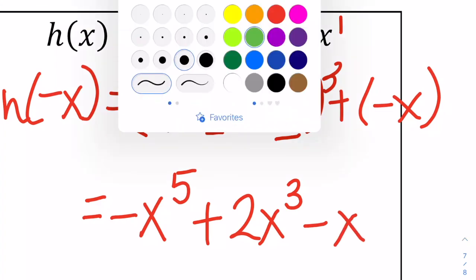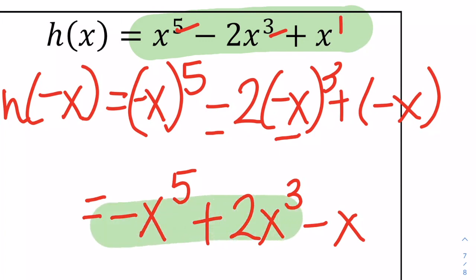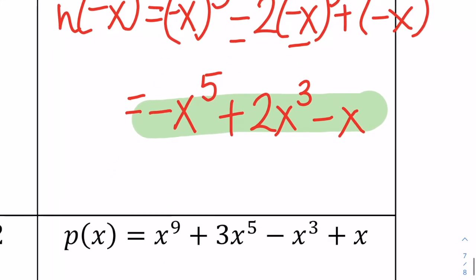So if you notice, looking at the original function, that's x to the fifth minus 2x cubed plus x, versus this one, which is negative x to the fifth plus 2x cubed minus x. So every term is switched. It's the opposite. So if everything is opposite, it means that the y value is going to be the negative or the opposite. So that means that this function is odd.